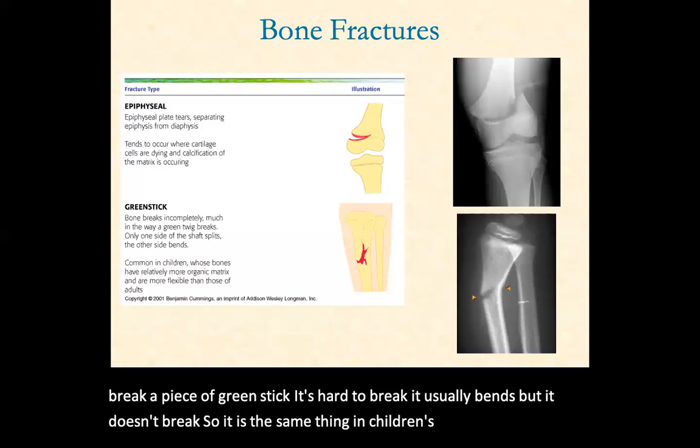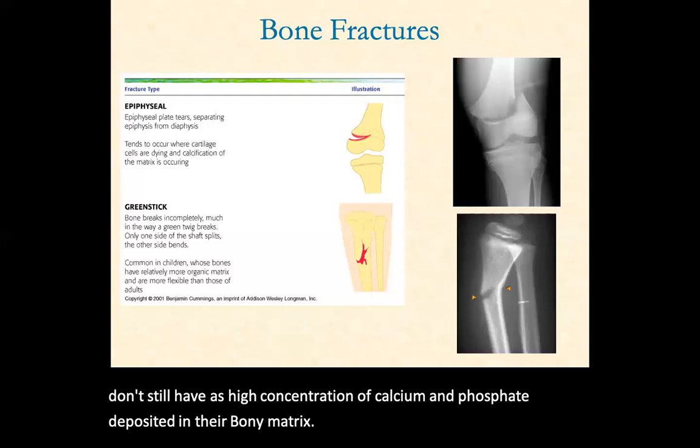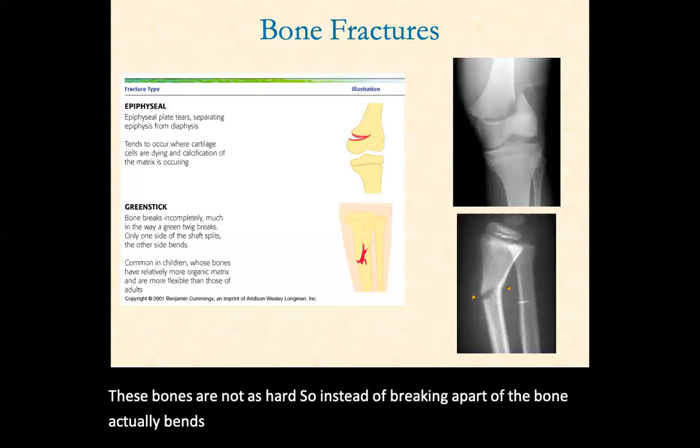Because they don't yet have as high a concentration of calcium and phosphate deposited in their bony matrix, these bones are not as hard. So instead of breaking, part of the bone actually bends, while the other side may break. Hence the name greenstick fracture.